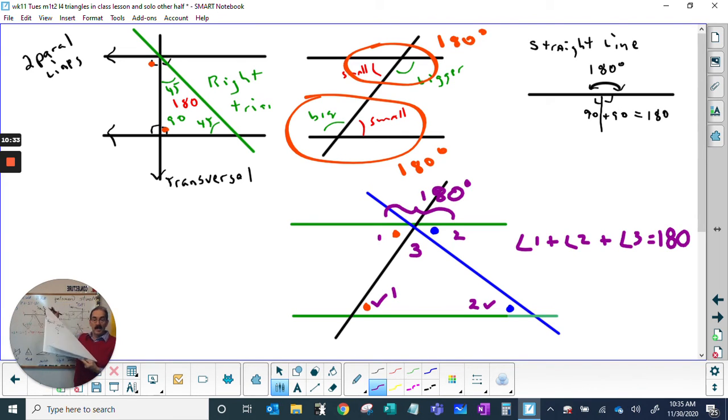We already knew it was 180, but I wanted you to actually see the proof. Angle 1 goes here, angle 2 goes here, angle 3 goes here, but as we change them, they always add up to 180.